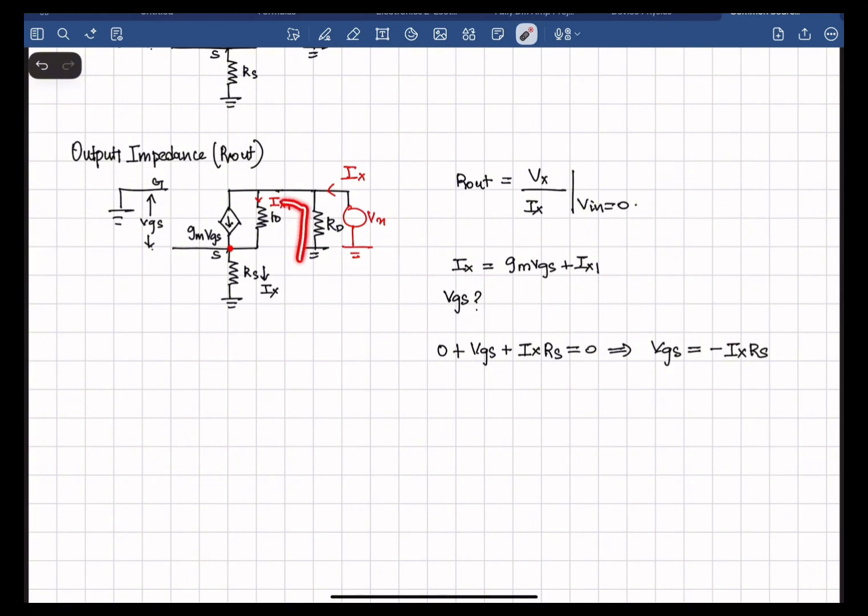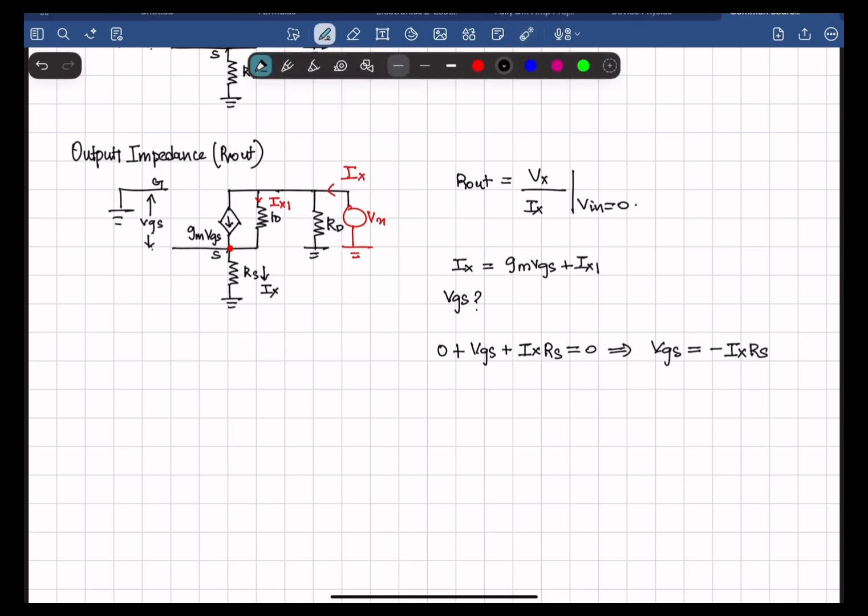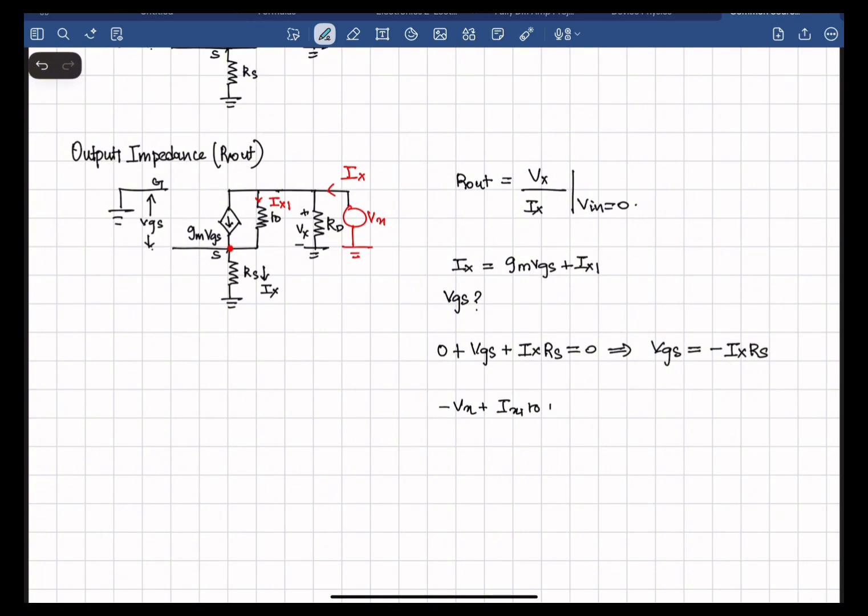Let's apply KVL for this loop. The voltage across RO is nothing but Vx, so minus Vx plus Ix1 into RO plus Ix into Rs is equal to 0. Now let's try to find Vx over Ix from all the equations that we have.